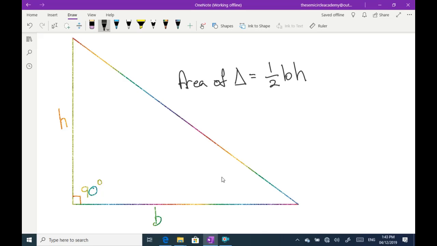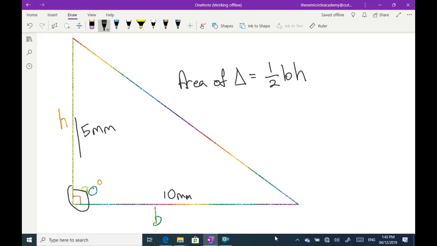Now the good thing about right angle triangles is that this height is already perpendicular at 90 degrees, so we don't really have to worry about it, right? So let's just say this base was 10 and this height was 5, or let's just use millimeters for this example. 5 millimeters, and 10 millimeters for this side here, for the base, right?